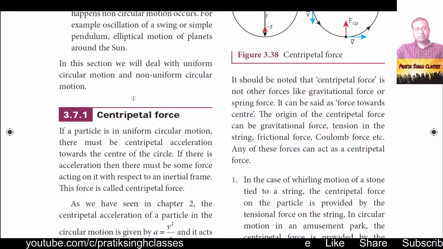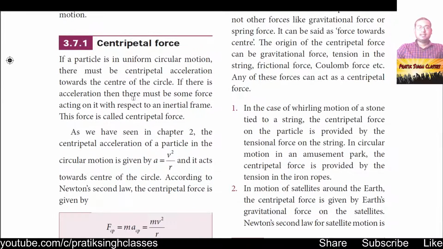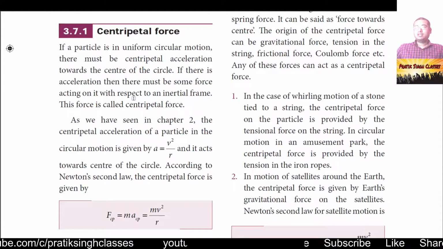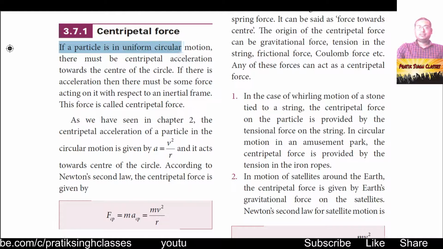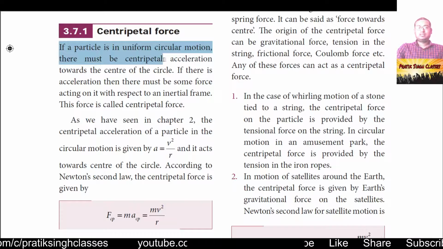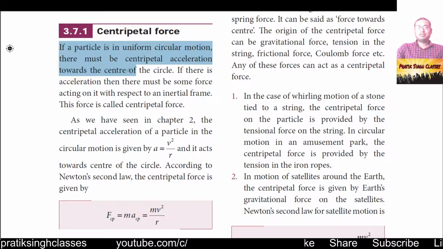Now coming to the section on centripetal force. Without any force, acceleration will not happen. For acceleration, force is needed, and when an object keeps going on a circular path, an external force is acting on it. If a particle is in uniform circular motion, there must be centripetal acceleration towards the center of the circle.